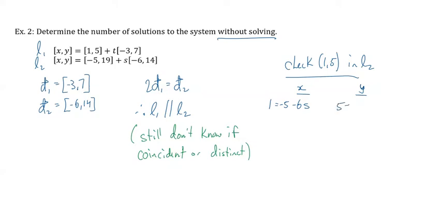What do we get? What's our interpretation of this? Yeah, so the s's are consistent. So the point is on the line.